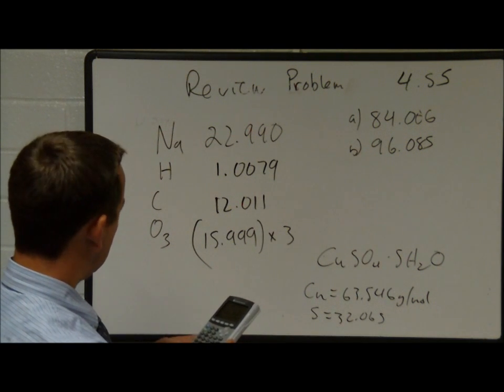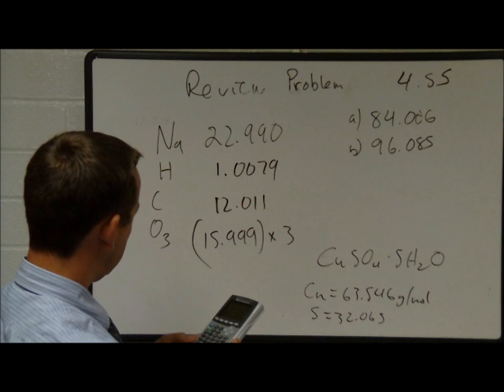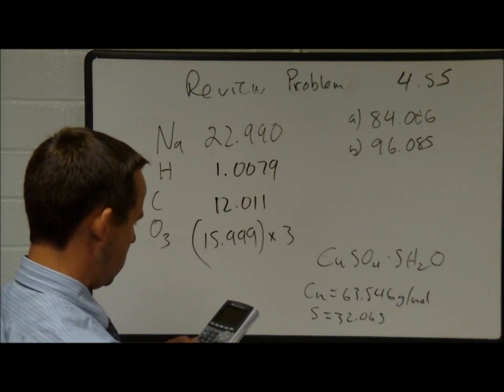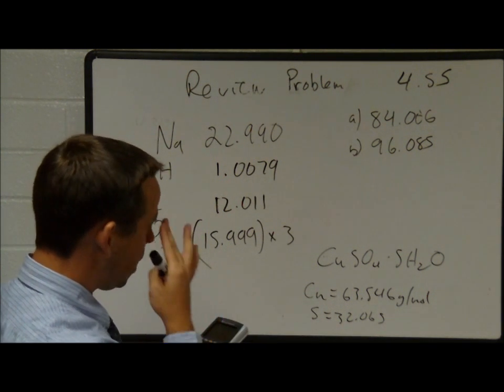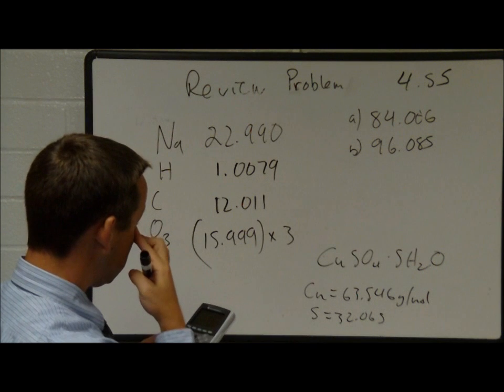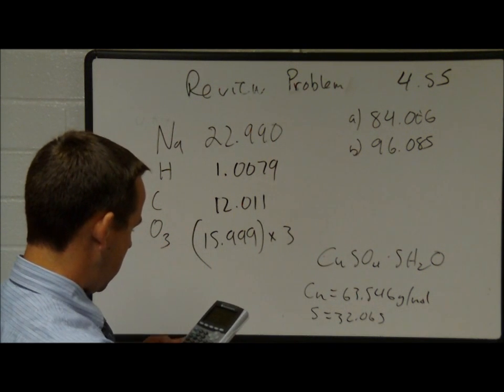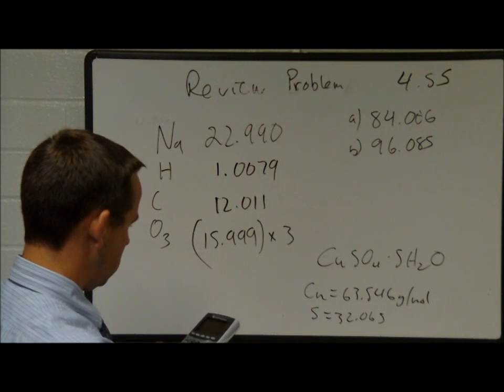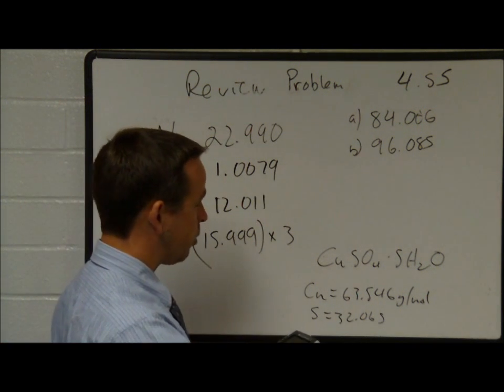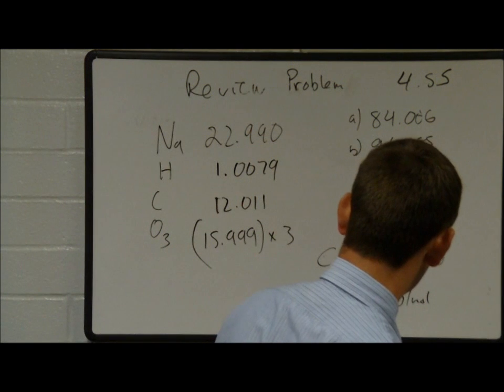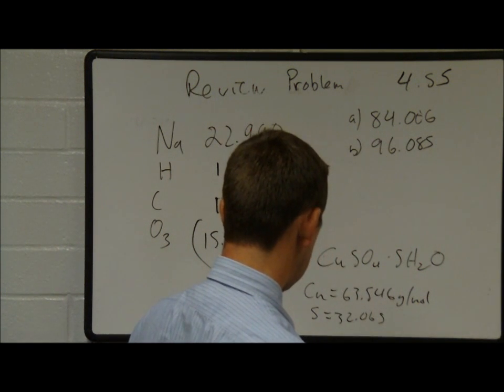So 10 times 1.0079 plus 5 oxygens. So that's 5 times 15.999. All right, so I'm getting 185.685. Wait a second. What did I miss?